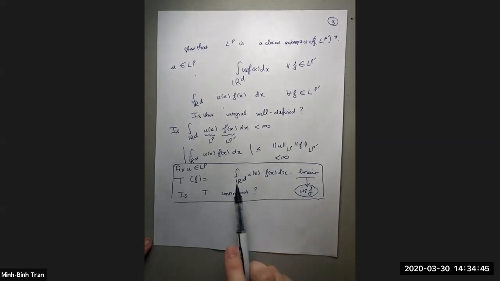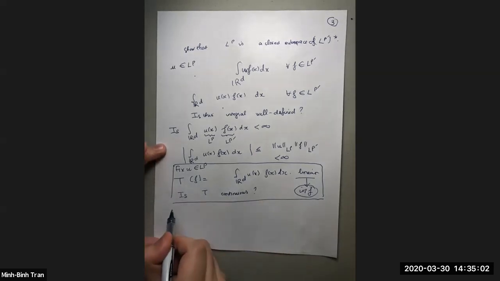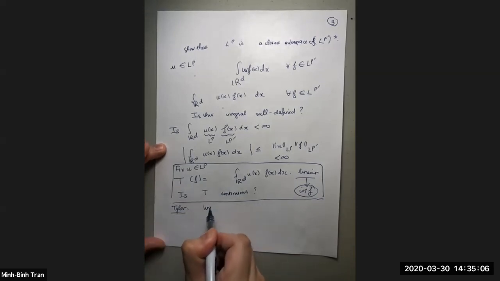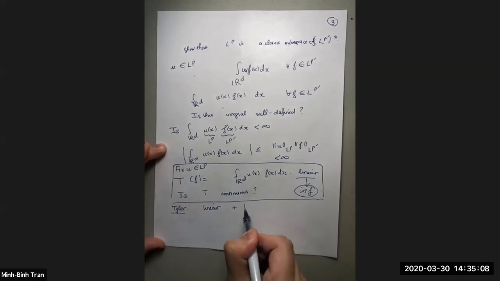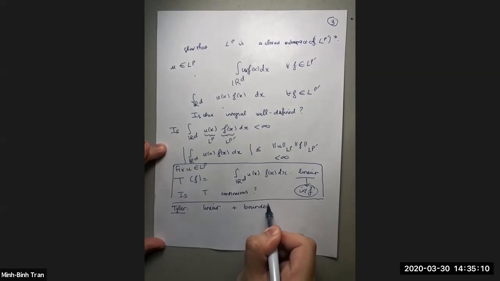So can I say that this is a continuous function? This is a continuous mapping? Yes, Tyler, yes. Why? This is linear, right? Excellent, Tyler got it. So this is linear and this is bounded, so this is continuous.